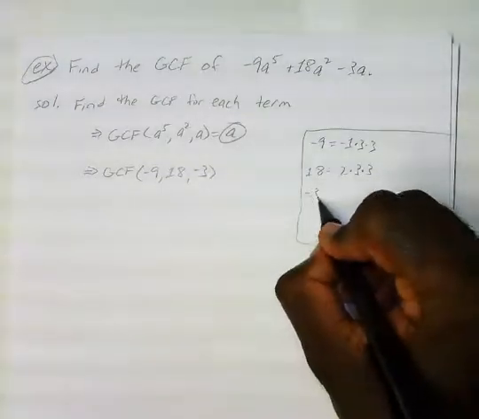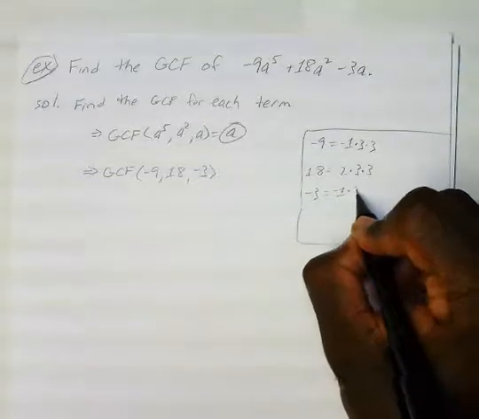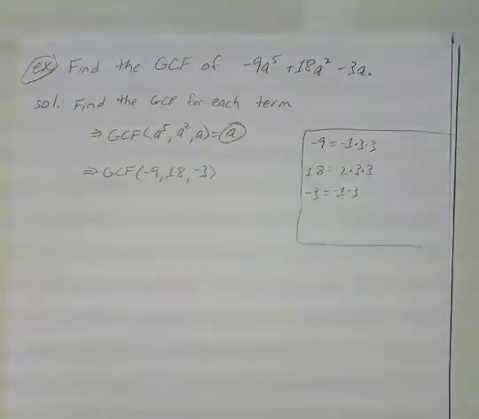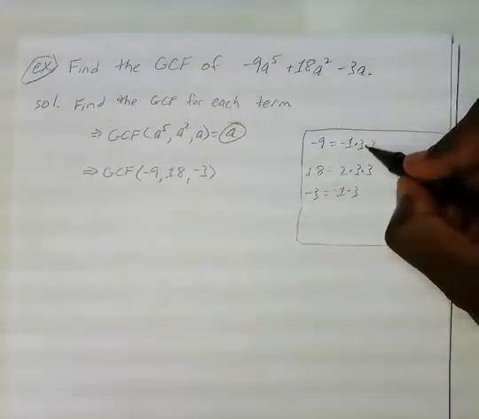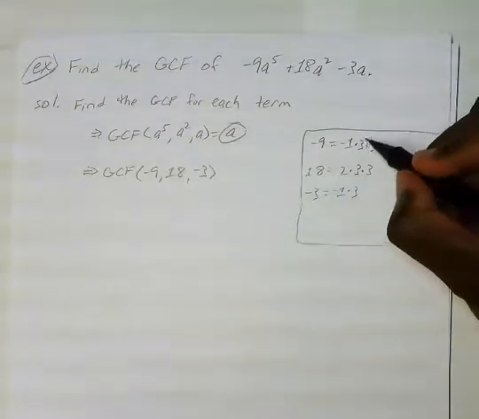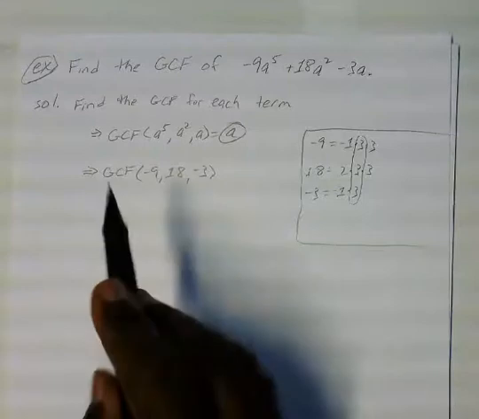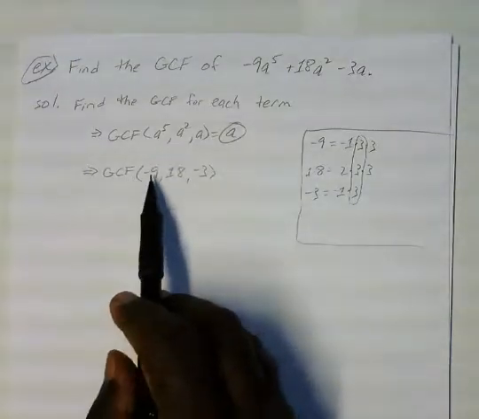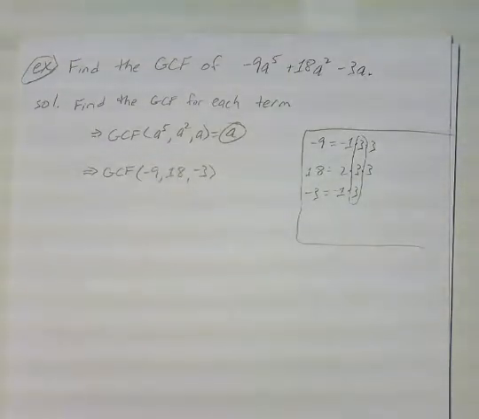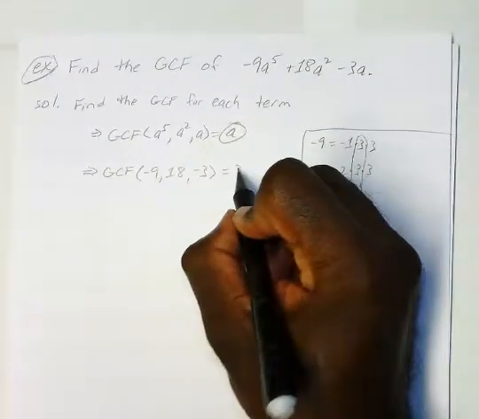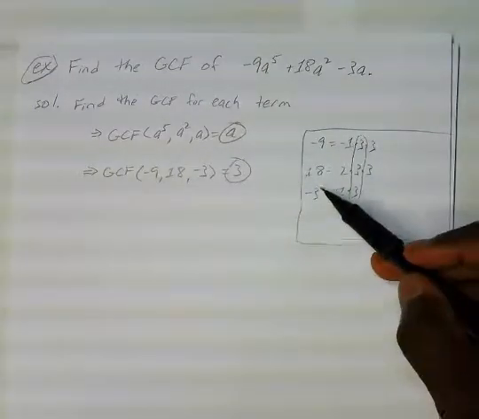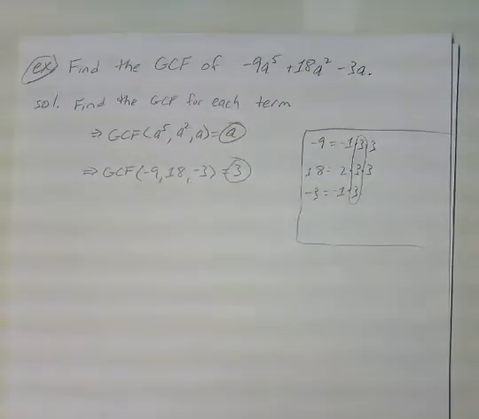And we know negative 3 is equal to negative 1 times 3. Okay, so the only value that all three of these have in common is a 3. So the greatest common factor of negative 9, 18, and negative 3 is 3. Okay, so they don't have a negative 1 in common, so it wouldn't be negative 3.